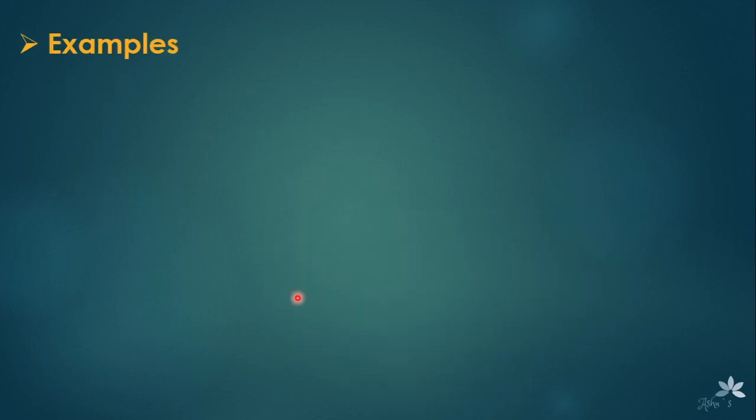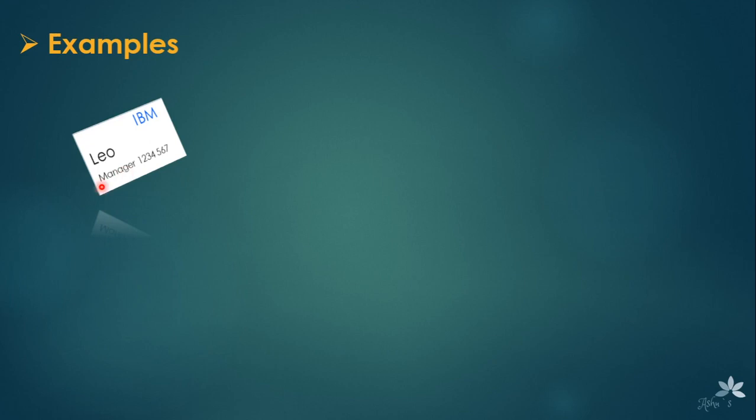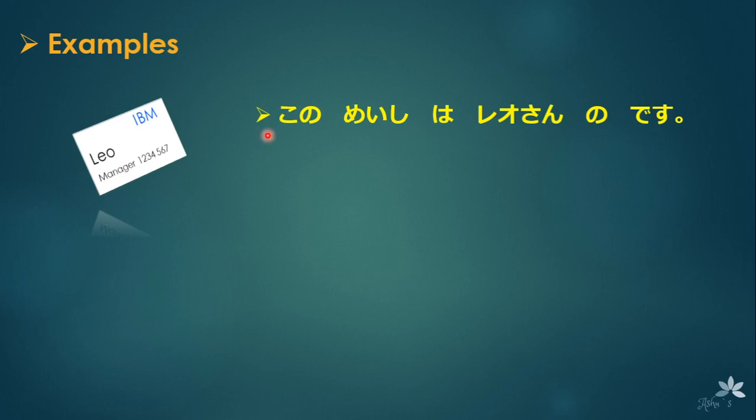Let's have some examples. Now here is the business card. I can say about this as kono meishi. Kono followed by a noun meishi. Kono meishi wa Reo-san no desu, which means this business card is Mr. Leo's.